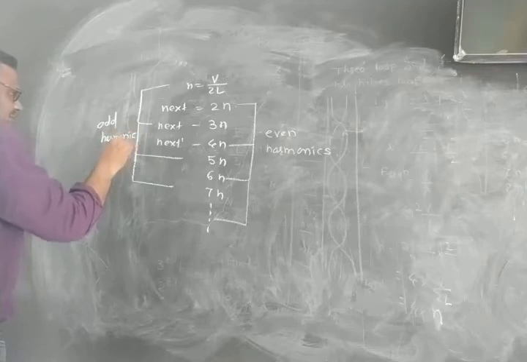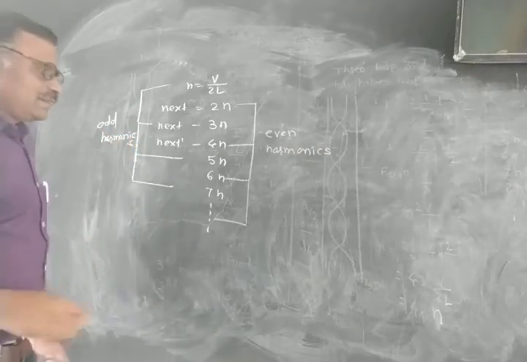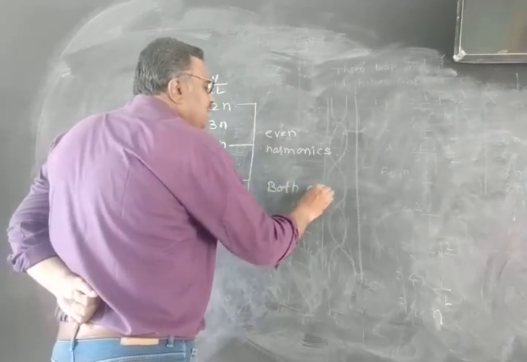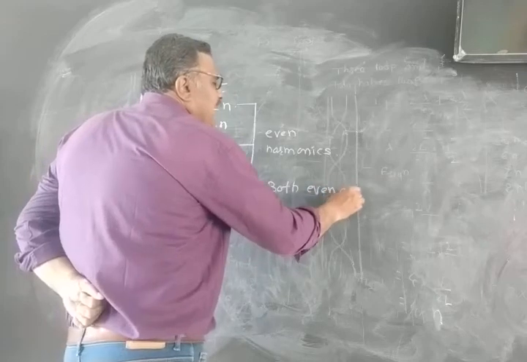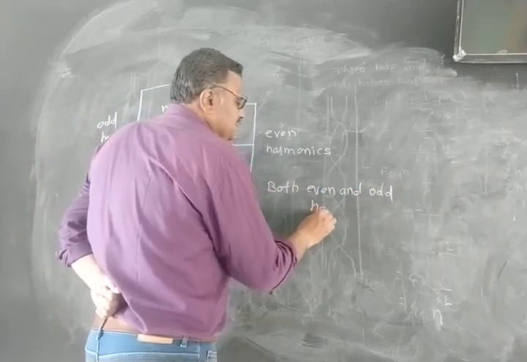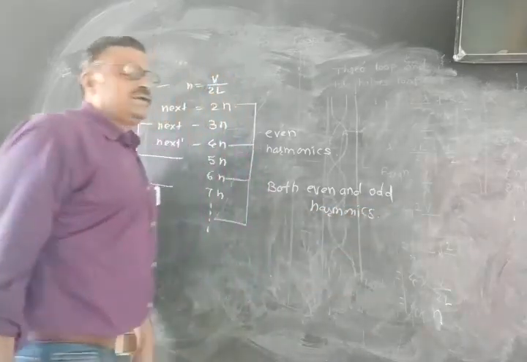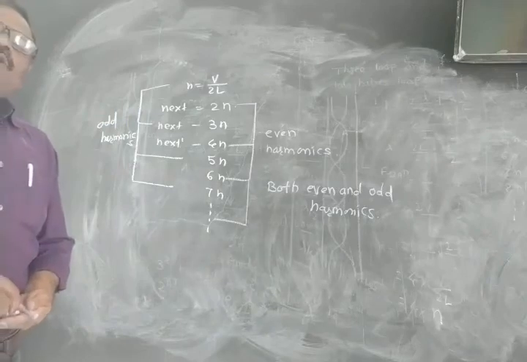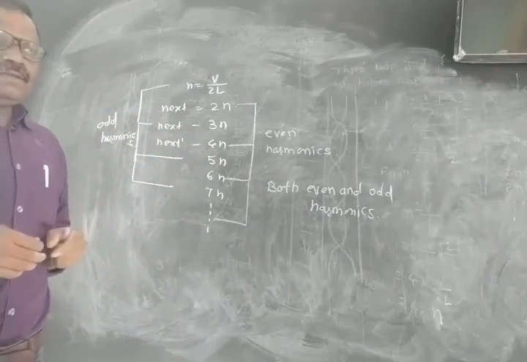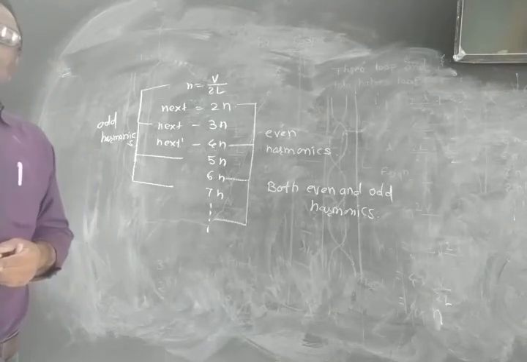That means, in case of a pipe, we observe both even harmonics and odd harmonics are present. In general, all types of harmonics are present in a cylindrical pipe which is open at both ends.